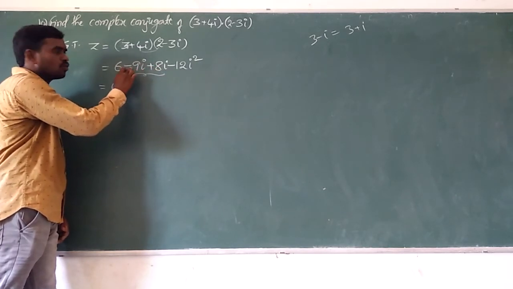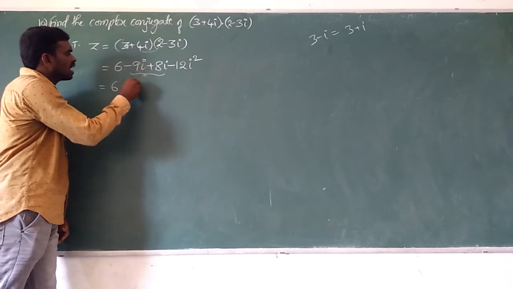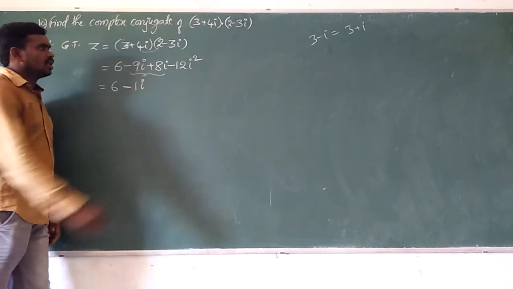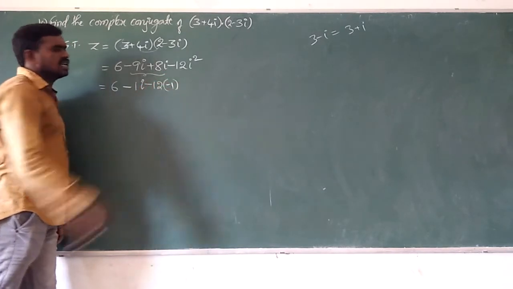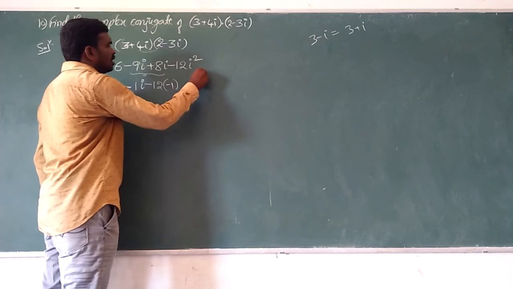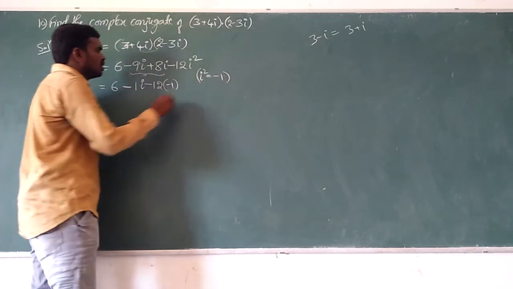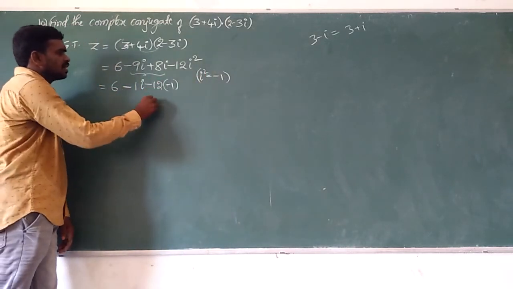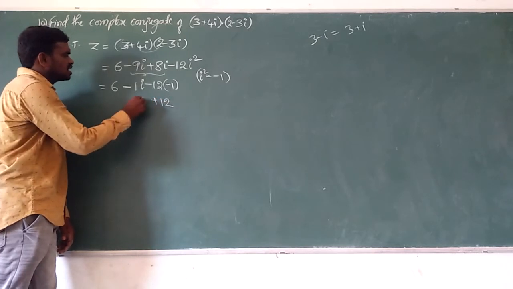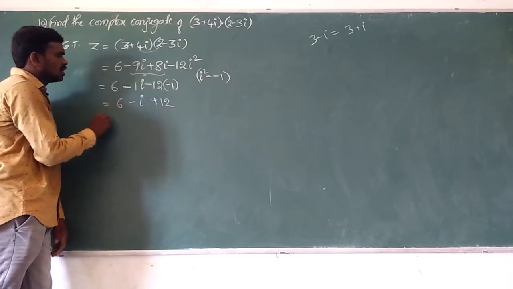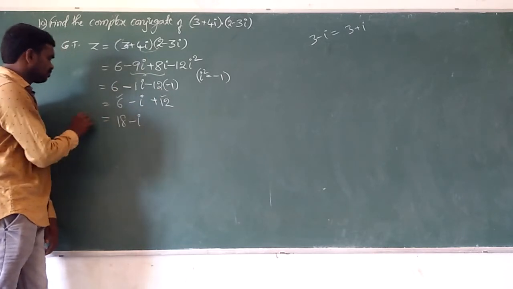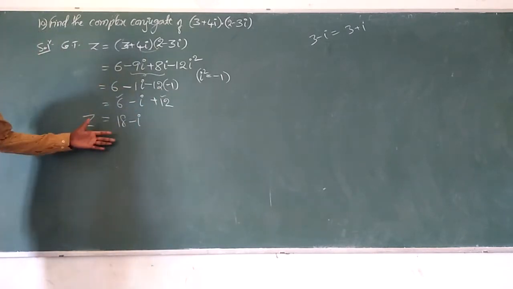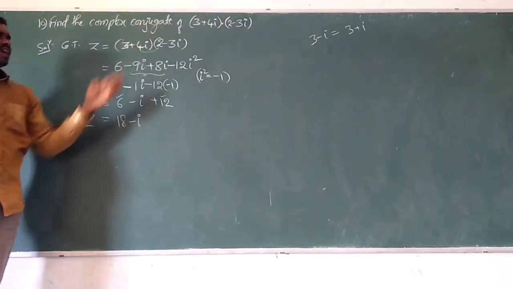But negatives are more, so totally minus i. Here minus 12 i square. What is the i square value? Minus 1. Okay? I square value is minus 1. So minus into minus plus, it becomes plus 12. So this is minus i, this is 6. Finally 6 plus 12, 18 minus i. So we just simplified the given z value.